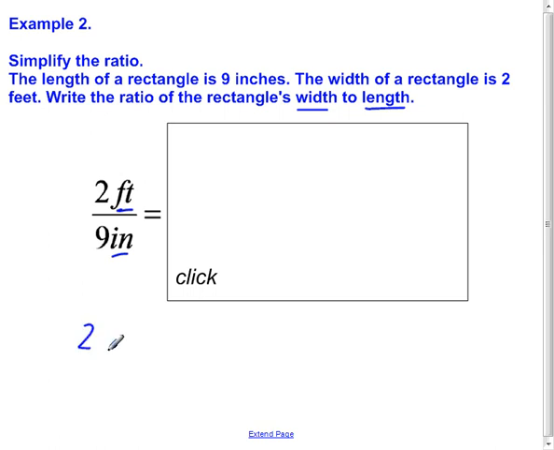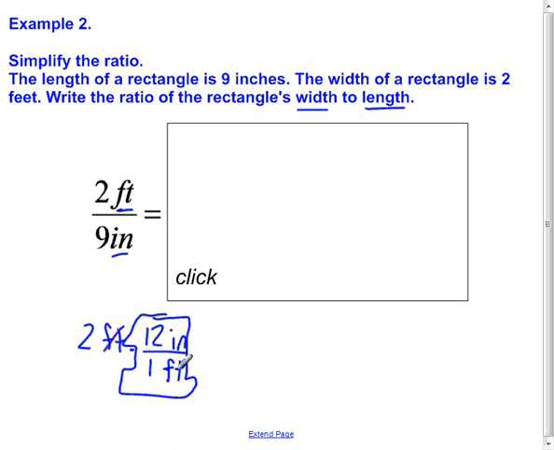So remember that 2 feet, we can convert that to inches by multiplying by the secret identity of 1. And we know that 1 foot is equal to 12 inches. So we can convert this by multiplying by the secret form of 1. 2 feet times 12 inches over 1 foot.